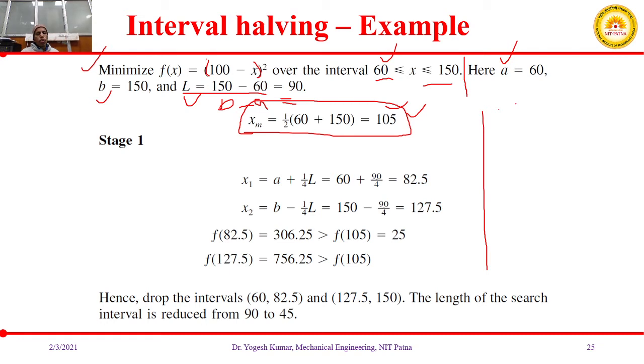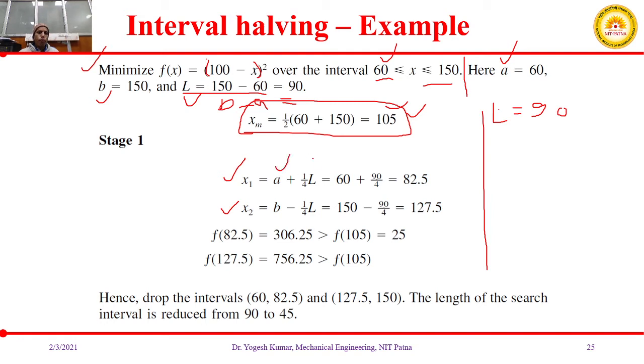So we have to calculate the rest of the 2 points, which will equally divide the whole search interval into 4 parts. Since the length of your search interval is already known, which is 90, we will calculate the next 2 points, x1 and x2, in the similar fashion which I discussed earlier.